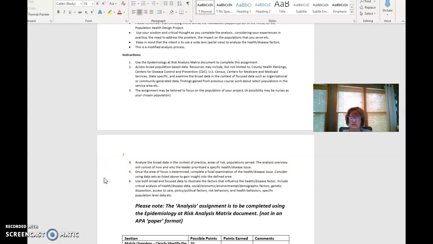So we're going to look very broad as far as an overview of the data that's out there, and then dive into a more specific or focused analysis. Does this sound familiar? Into some of the very appropriate data that may be there within an organization or a particular area of focus in a very specific population, or an organization that serves a very specific population.